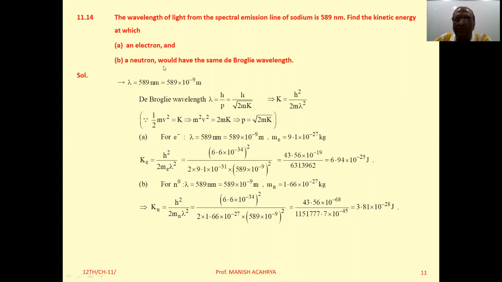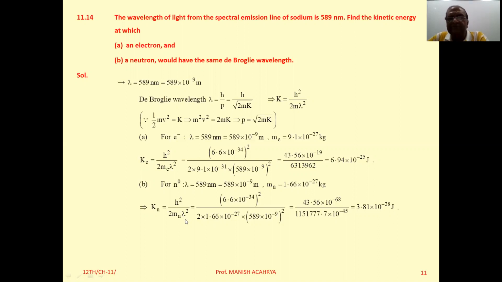Then for a neutron, which would have the same de Broglie wavelength, we have to take lambda the same. Mass of neutron is 1.66 into 10 raised to minus 27 kilogram. So as per this first equation, again we can write kinetic energy of neutron is h square upon 2 mass of neutron into lambda square.